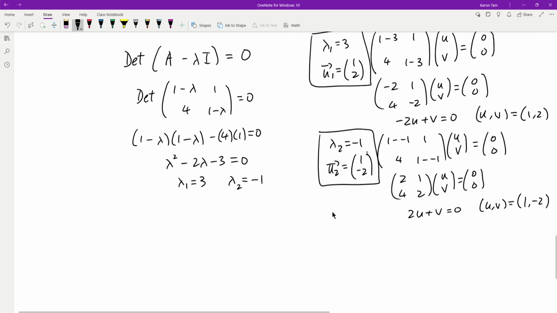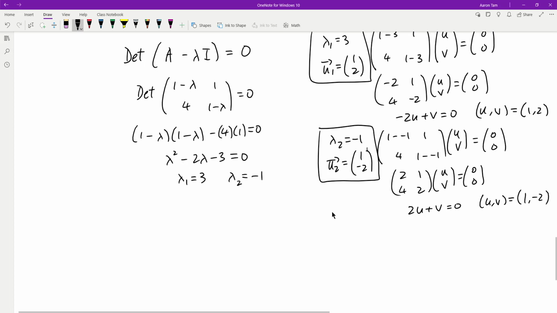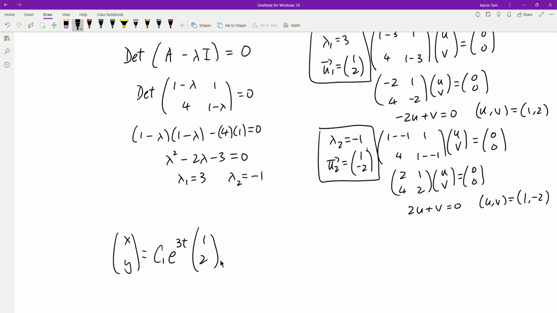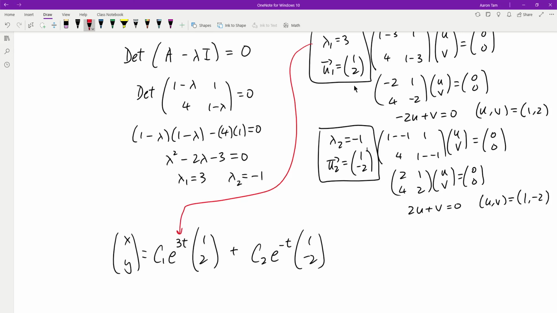And now here comes the revelation. If I now compare our solution, which is x y equal to c1 e to 3t times (1, 2) plus c2 e to -t times (1, -2), notice that the eigenvalue lambda 1 is right here.